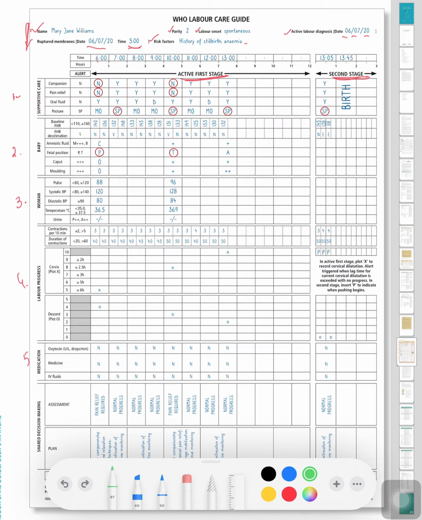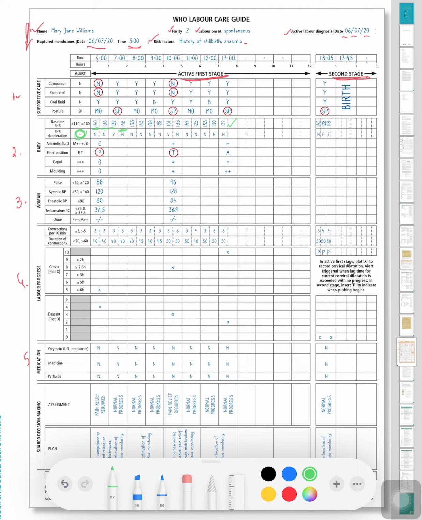So at 6 o'clock the heart rate was 140. 6:30 it was 136. 7 o'clock 132. 7:30 148. Okay, so line-wise you have to write the baseline fetal heart rate. After that, deceleration of the fetus. Now if it is late, that is an alert, you have to be conscious of that.